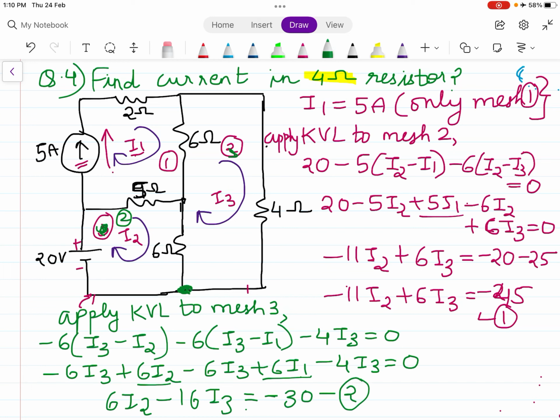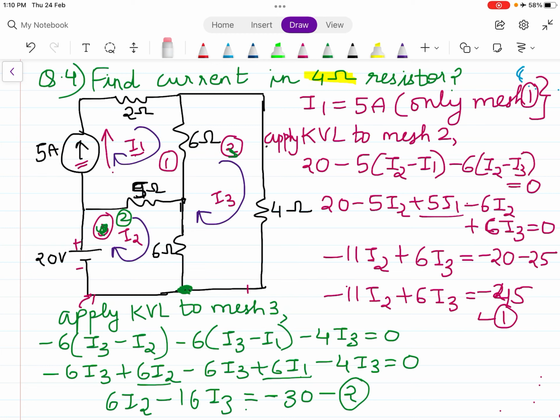Two equations, two unknowns. So simultaneous linear equations, number of unknowns, select 2. Because I2 and I3 are there. Minus 11, 6, minus 24, 6 I2 minus 16 I3 equals minus 30.